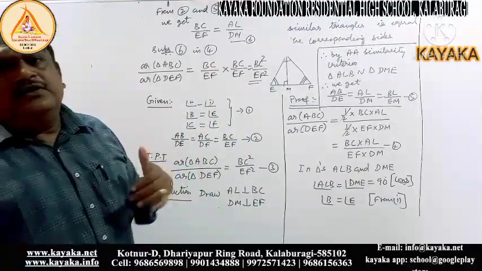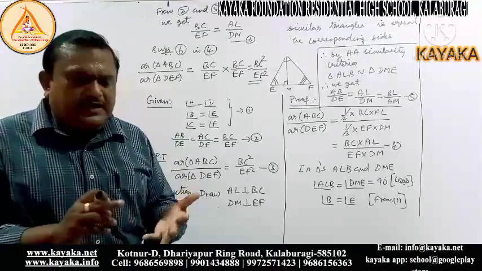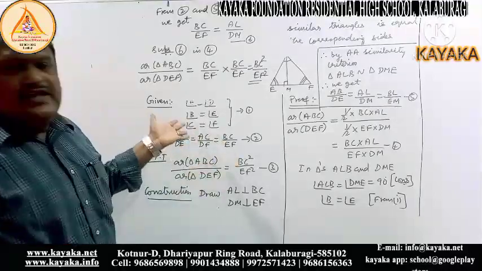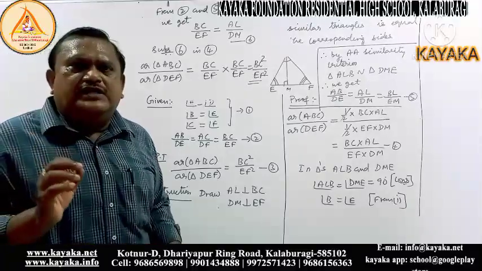Okay, dear children, now we are going to the last theorem. Already we have discussed basic proportionality theorem, we have discussed AA similarity theorem, now we have discussed the areas of similar triangles theorem, and the last theorem is the Pythagoras theorem.